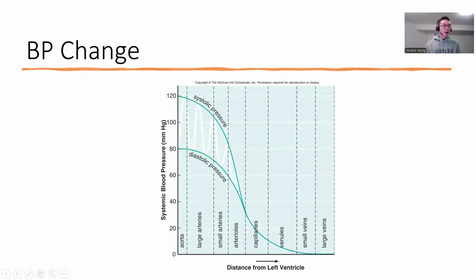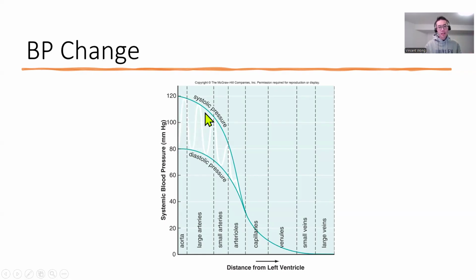So it's not surprising that at the beginning, you can see the blood pressure actually fluctuates. It goes up and down between 120 and 80. When the left ventricle contracts, it goes as high as 120, and then when it relaxes, it goes as low as 80.